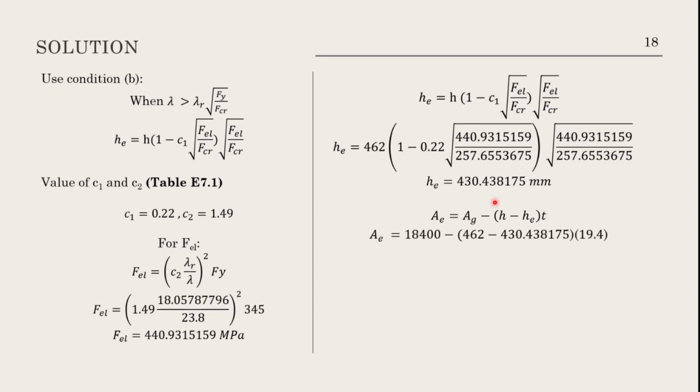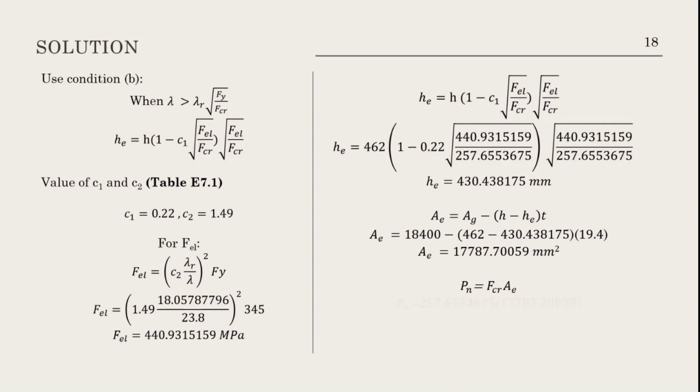So 18,400 minus 462 minus this He times the thickness 19.4. Therefore, we have 17,787.70059. Okay, so from that, we can now compute. So from this Ae, we just multiply this Ae by Fcr.